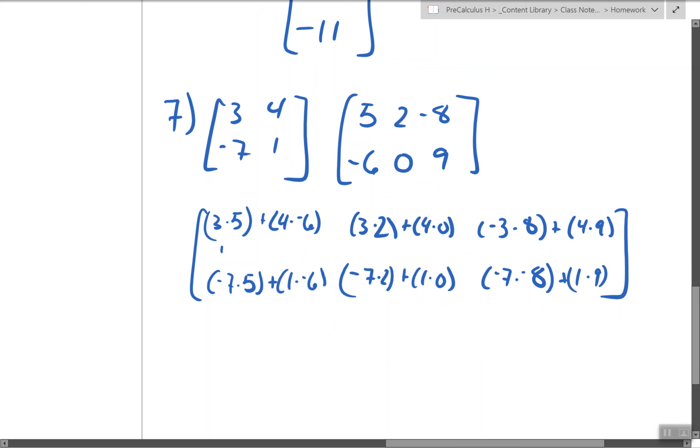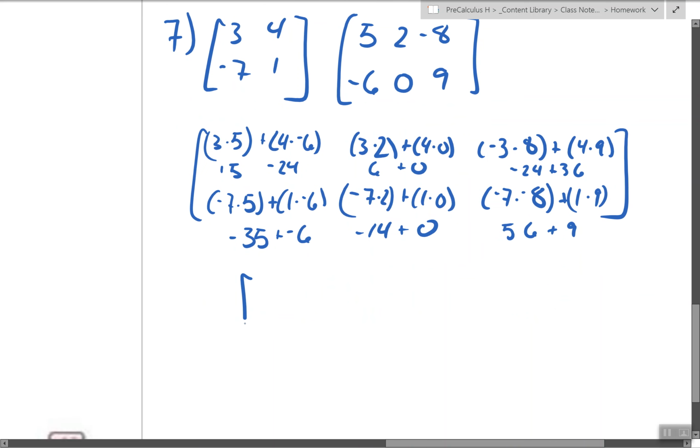And so that's going to be 15 plus negative 24, 6 plus 0, negative 24 plus 36, negative 35 plus negative 6, negative 14 plus 0, and 56 plus 9.